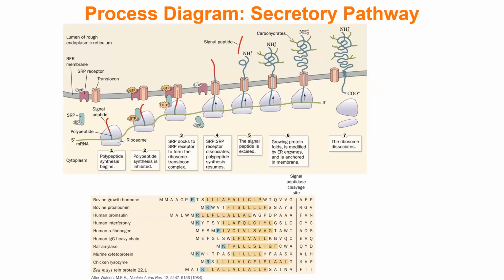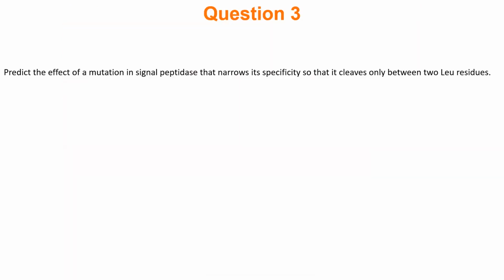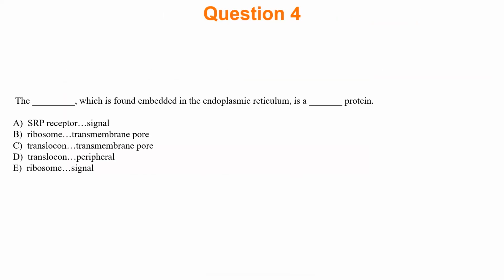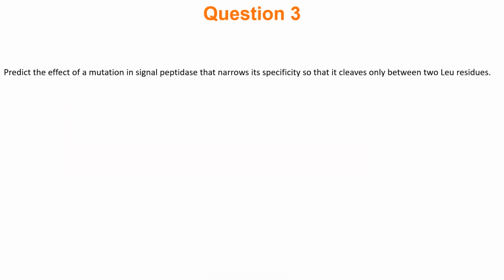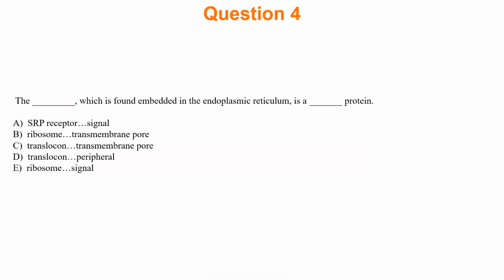Remember, these go to the ER and go through this whole pathway to be incorporated into the ER. Today, we're going to talk about how we can transport these from the ER to the cell membrane. But to begin, we ended on question 3, where we were talking about mutations.